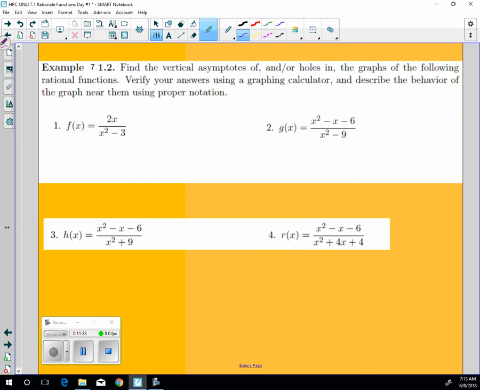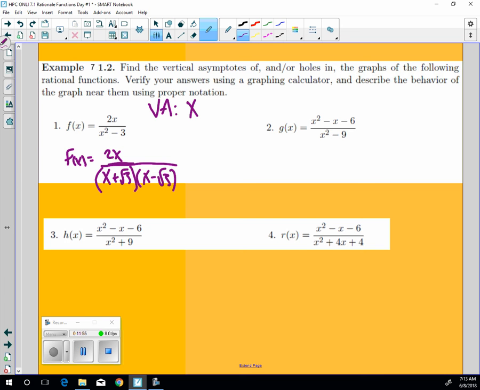So if you look at this first one, we could rewrite it as 2x over x plus the square root of 3 and x minus the square root of 3. And we notice that x plus root of 3, x minus root of 3, there's nothing to cancel out. So we're going to have two vertical asymptotes.